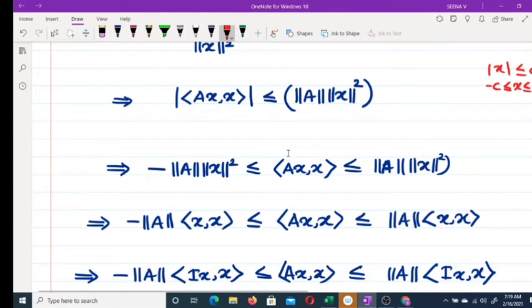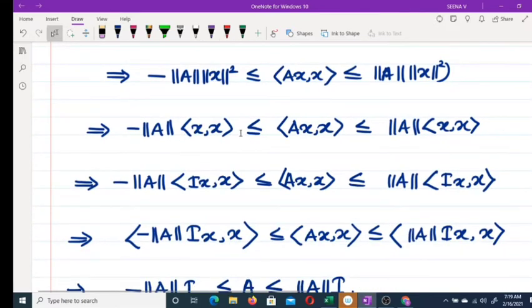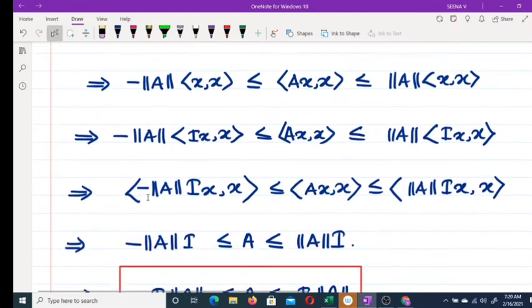So minus norm of A into inner product xx is less than or equal to inner product Axx, and this you can write as inner product Ix x, and this is less than or equal to this one. And norm of A is a number, you can take it inside here.